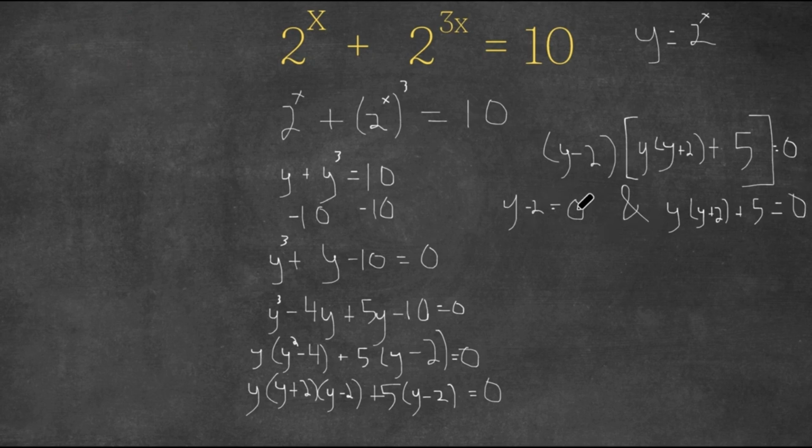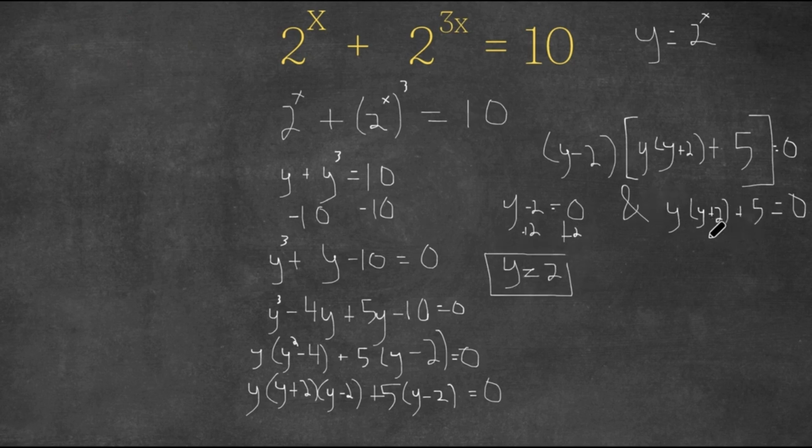Now let's solve our first one here. This one is really simple. We simply add 2 on both sides to isolate y, and we get y is equal to 0 plus 2, which is 2, so y is equal to 2.